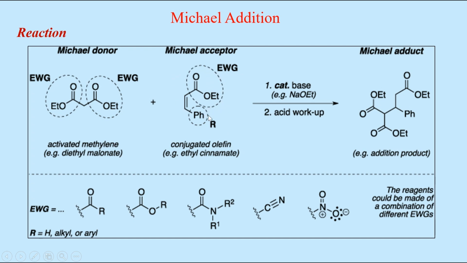When a Michael acceptor, that is an alpha beta unsaturated ketone or ester or aldehyde or anything, reacts with a Michael donor, an activated methylene group, in the presence of a strong base, it adds up to give the 1,4 addition product that we call the Michael adduct. The electron withdrawing group here mentioned may be an ester or a ketone or an aldehyde or an amide or a nitrile or a nitro group.